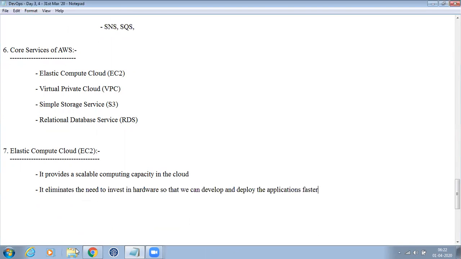So here we have no need to invest in hardware; it eliminates the need to spend money procuring the hardware.